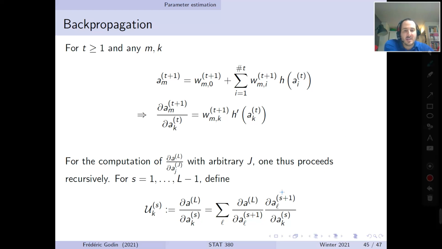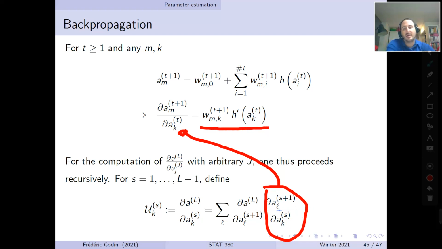What's fortunate here is that this second term has this form here. If we replace s by t, we see that this term to the right can be replaced by this. By doing that, we've reduced the distance between the layers for which we need to compute the derivatives of activations. To compute the derivatives of activation in layer L with respect to layer s, this can be done by computing the derivatives with respect to s plus 1.